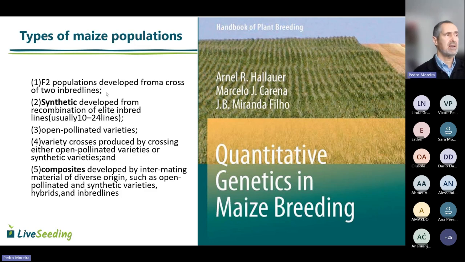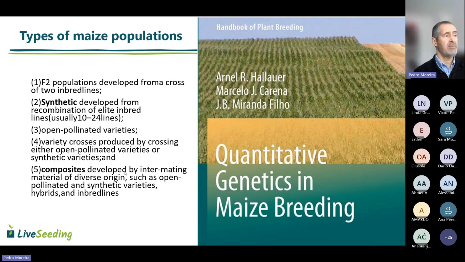And this synthetic is generally developed from recombination of elite inbred lines, usually 10 to 24 lines, but could be more. In our case, we have the example of the 77 inbred lines that I will mention afterwards. We can also have open pollinated varieties. Variety crosses are produced by crossing either open pollinated varieties or synthetic varieties, and composites.